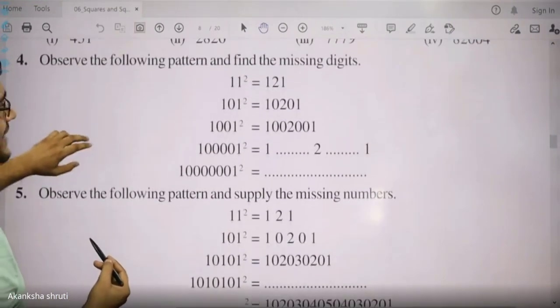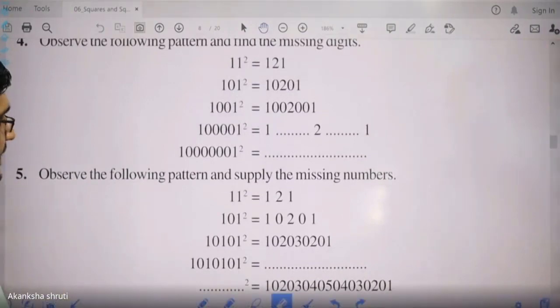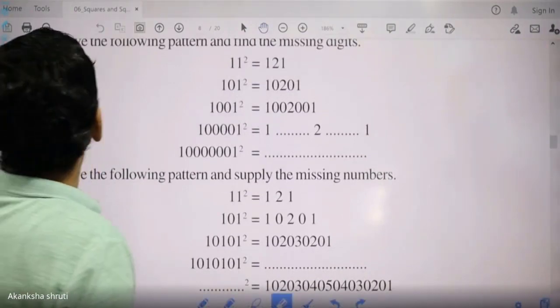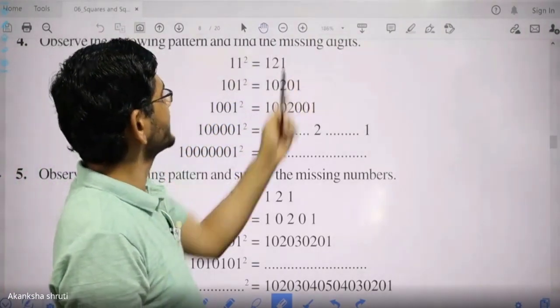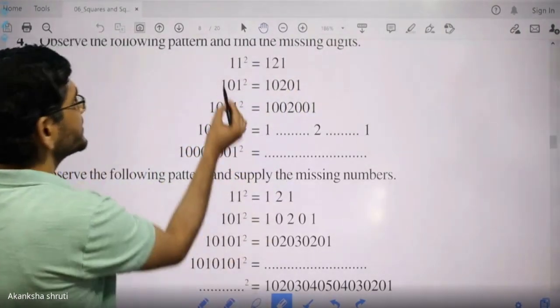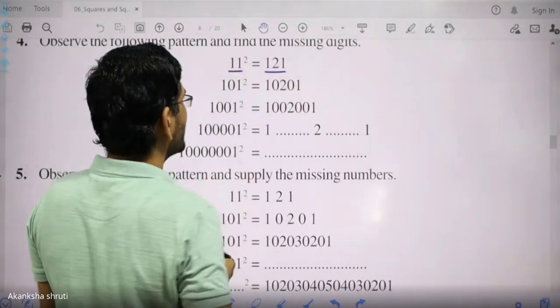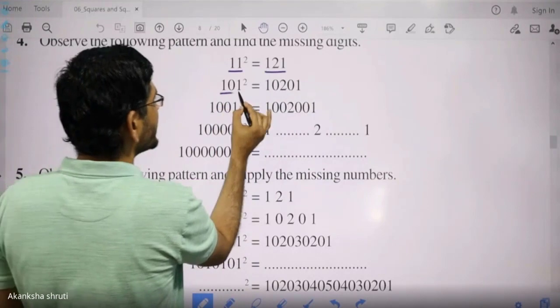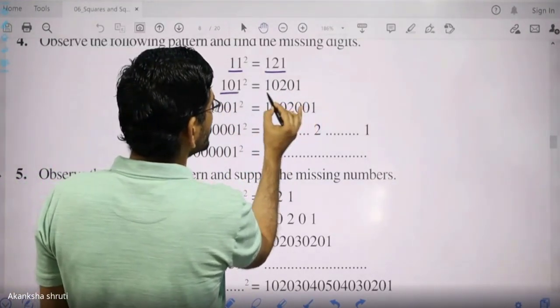Students, some more patterns that we can observe here in question number 4 and 5. Students, let us consider question number 4. Observe the following pattern and find the missing digit. Here, 11 squared is 1, 2, 1. Student, 101 squared is 1, 0, 2, 0, 1.